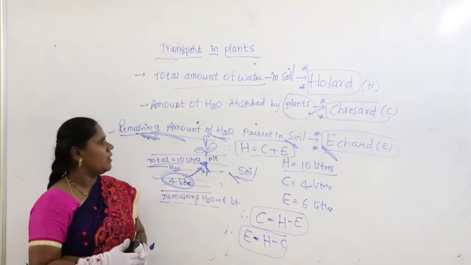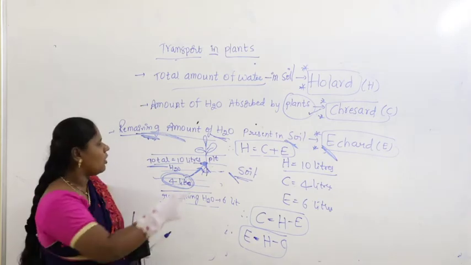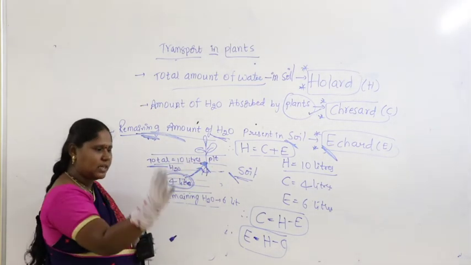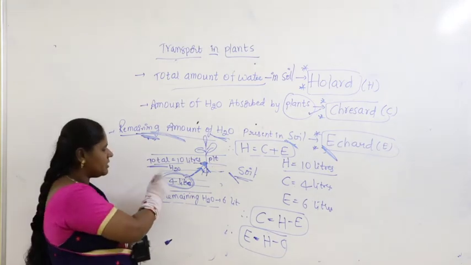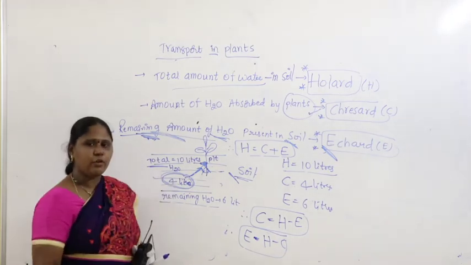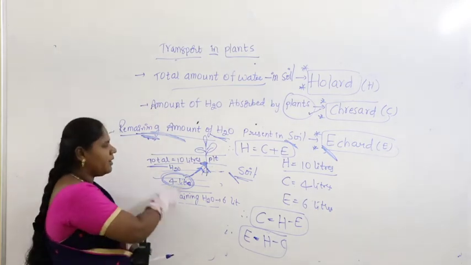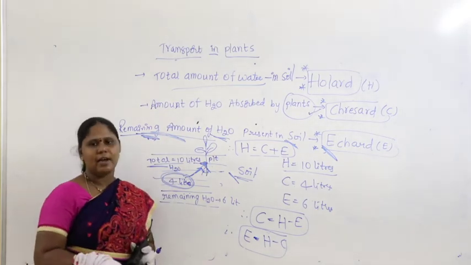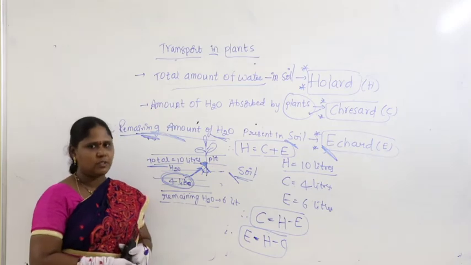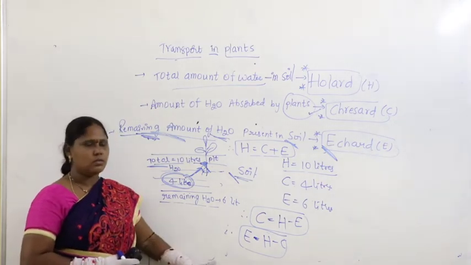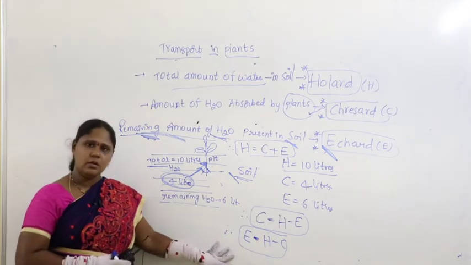With the data today we can calculate the total amount of water, holard. In that, the water taken by the plants is crescent, and how much water is left after absorption by the plant is Icard. Everything can be calculated and analyzed today based upon the technology. This is nothing but groundwater, the availability of water in the soil.